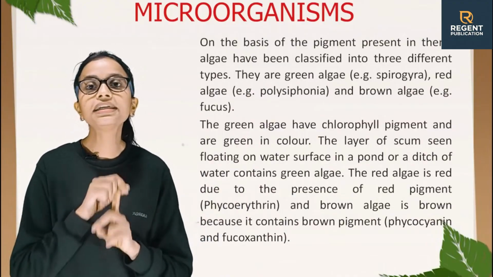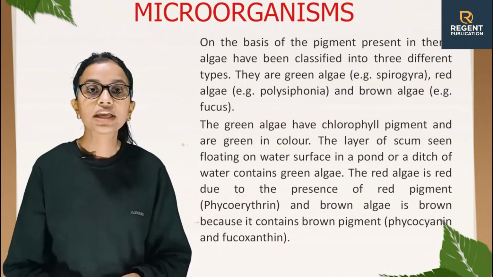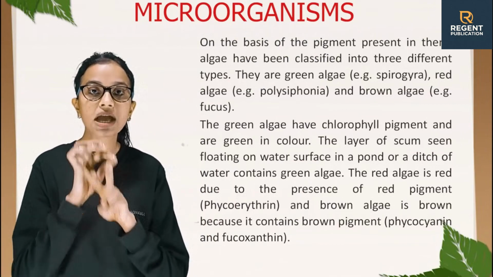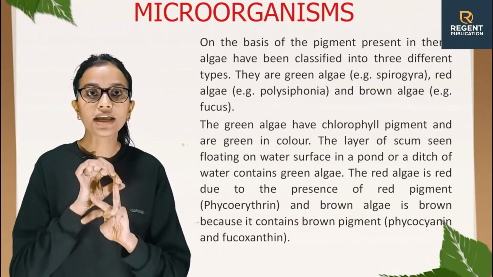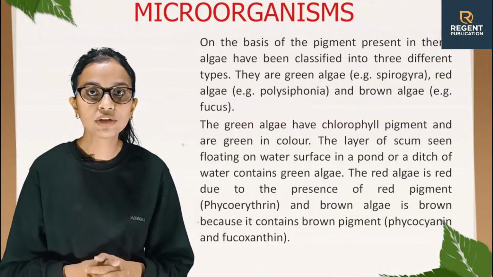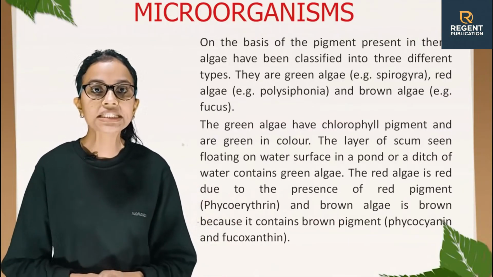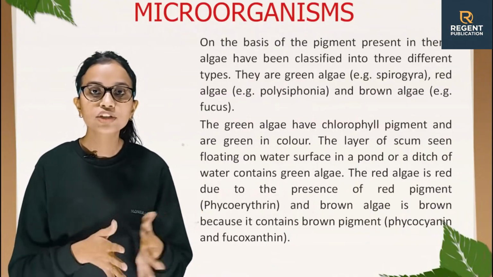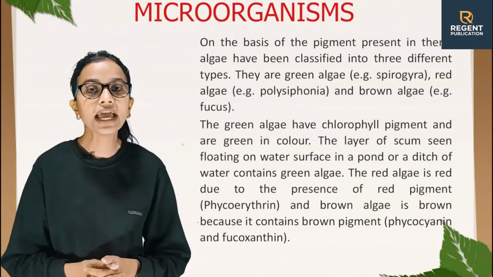They are green algae, example Spirogyra; red algae, example Polysiphonia; and brown algae, example Fucus. The green algae have chlorophyll pigment and are green in color. The layer of scum seen floating on the water surface in a pond or a ditch of water contains green algae.